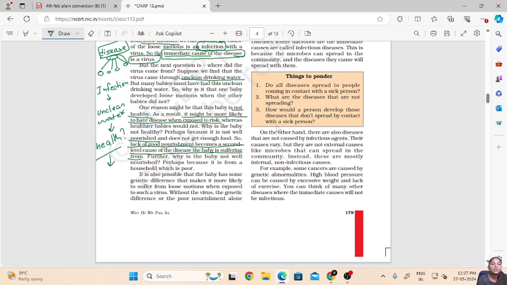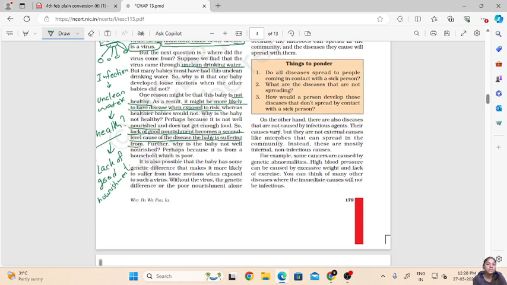So the next is lack of good nourishment. So maybe the baby is not well nourished, so that is why it was not perfectly healthy, and thus it caught the infectious disease.